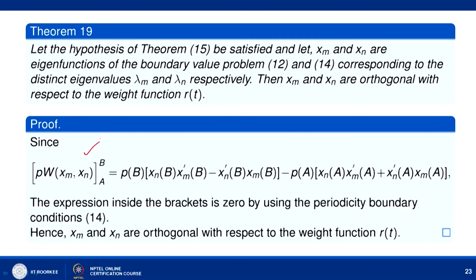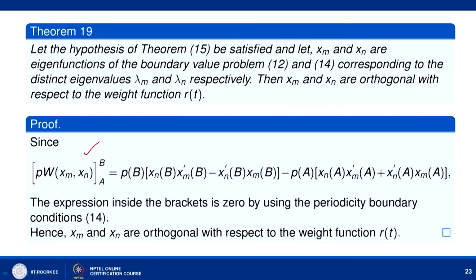So, let us look here. We have this p W(x_m, x_n) at b and a, which can be expanded in this form: p(b) times the Wronskian of x_m and x_n, that is x_n(b) x_m'(b) - x_n'(b) x_m(b), minus p(a)[x_n(a) x_m'(a) - x_n'(a) x_m(a)]. Now, if we use the periodic boundary condition, then we can make this quantity 0.